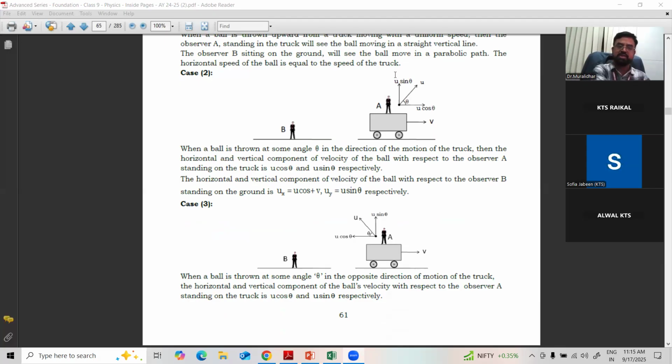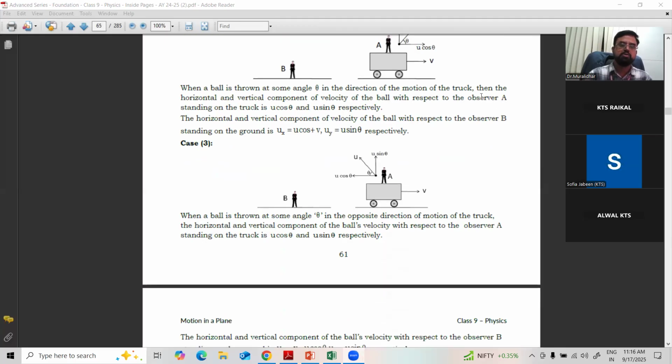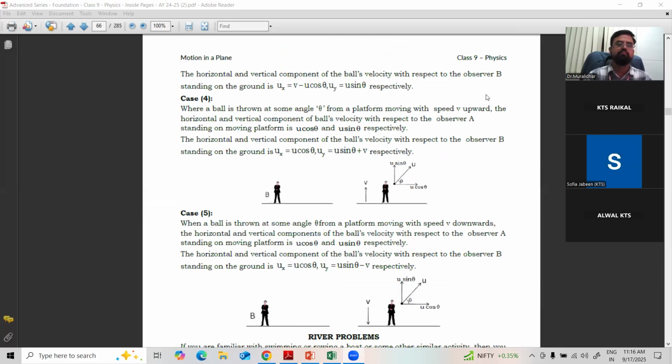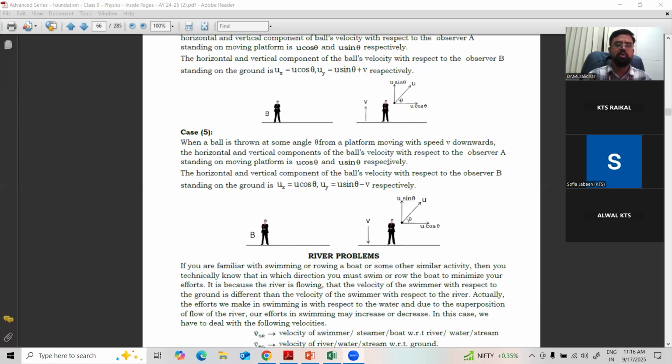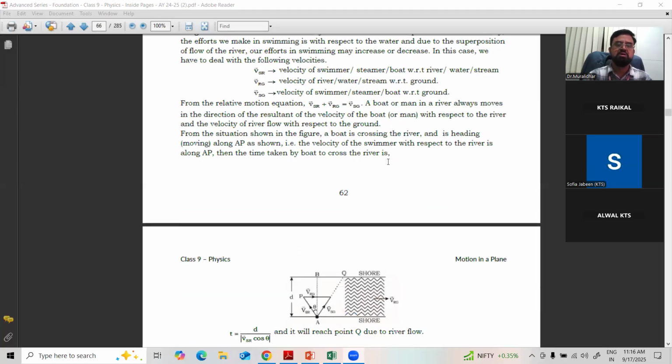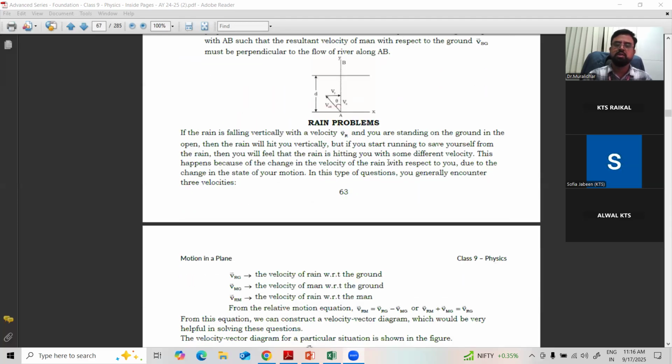Second case, if you throw in the other direction. The third case, if you throw opposite to the truck direction, what happens? So there are different special cases. Fourth again, when the ball is thrown at some angle theta from a platform moving with speed v, a moving platform. So many cases you can see.